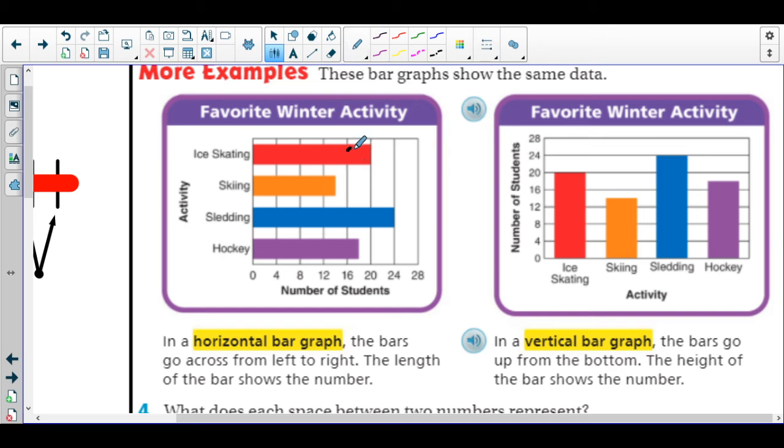Right? We have 20 right here. We have 14 right there. 24 and 18. All right, because it's right there.